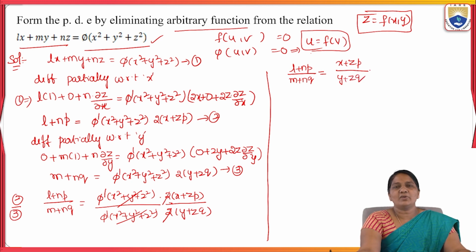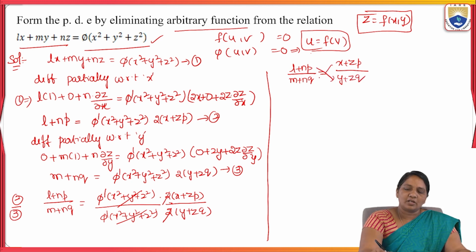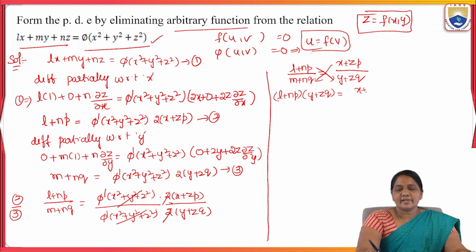Now do the cross multiplication: l plus np into y plus zq is equal to x plus zp into m plus nq.